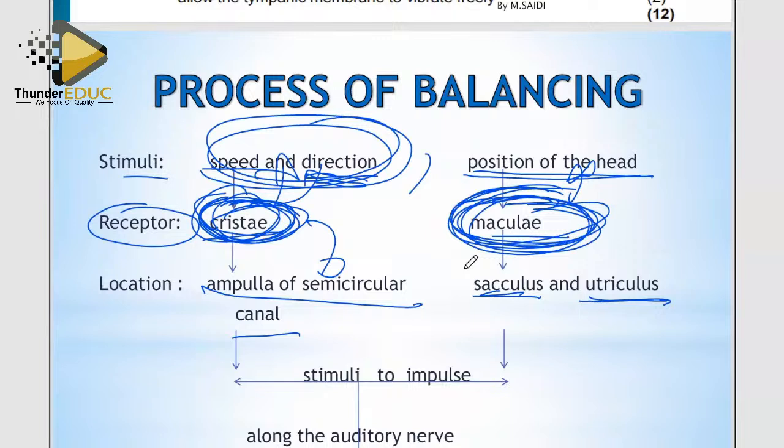Sacculus and utriculus. I'm saying it so that it sticks into your head. You have to sing it.